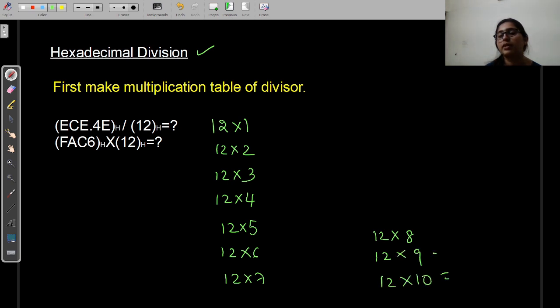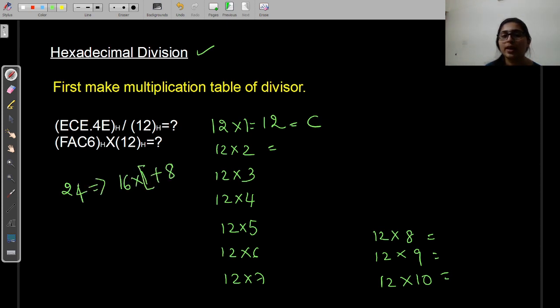I am not going to write the decimal values, but I will write the hexadecimal values. This is as it is. 12 2s are 24. 24 can be written as 16 into 1 plus 8, so 18.